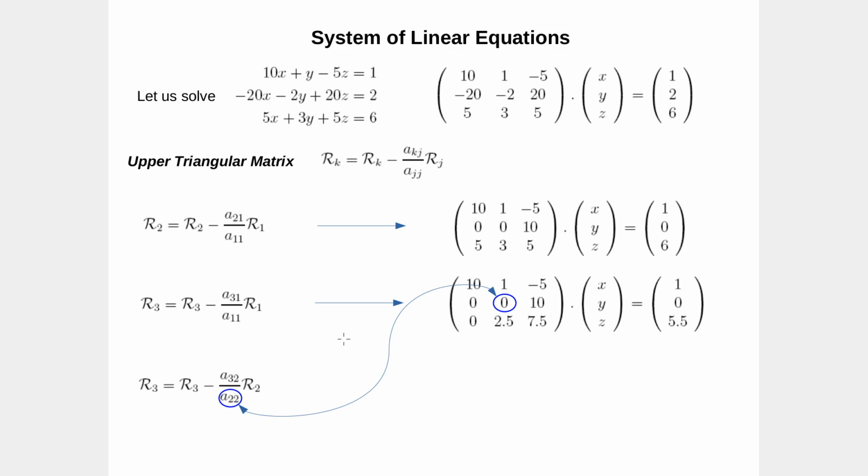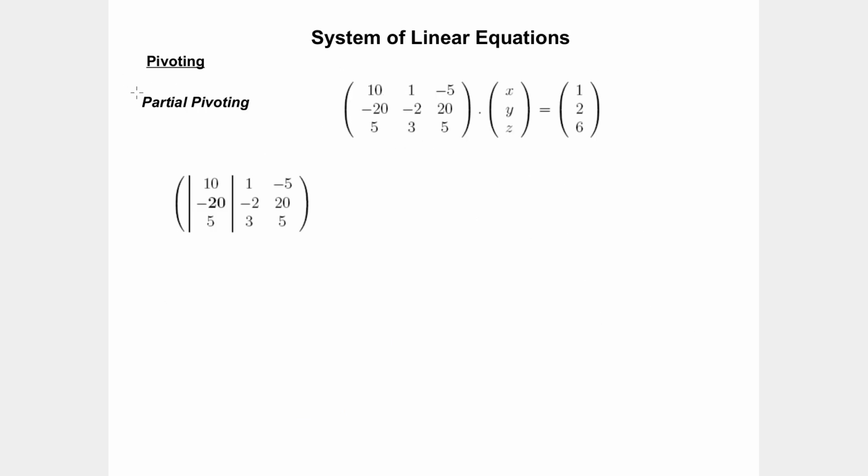First we will look at a very simple pivoting, called partial pivoting. In partial pivoting, this is the same matrix equation we wanted to solve, correct? We want to make this element 0 and then this element 0.